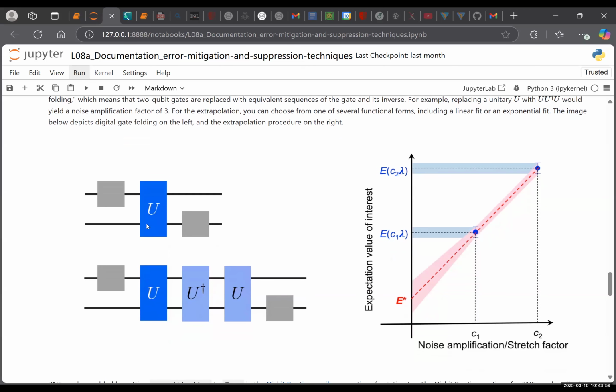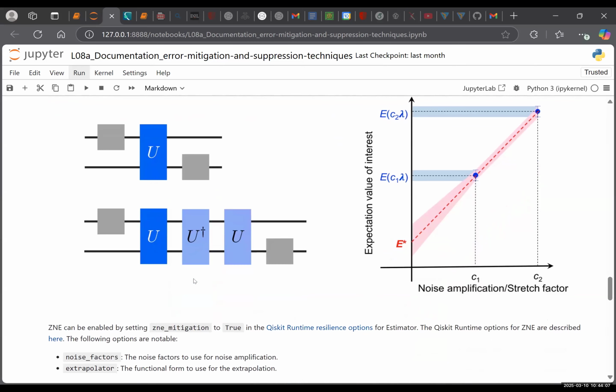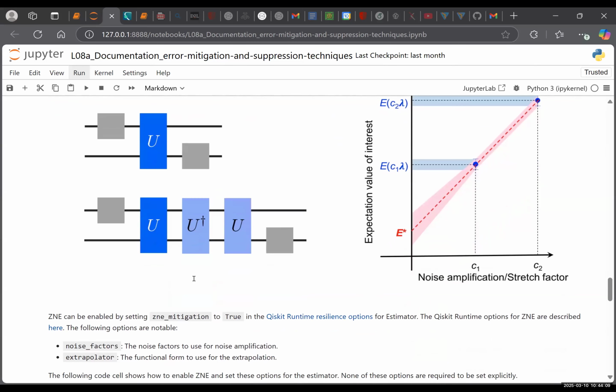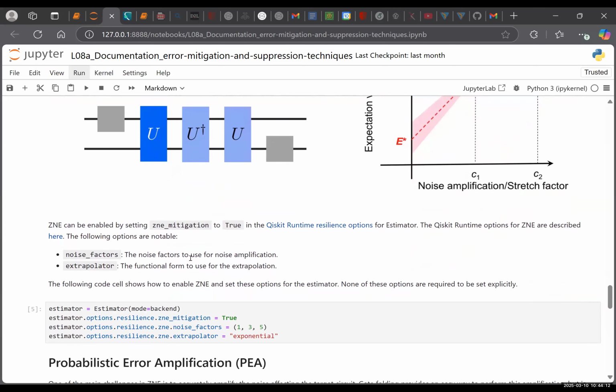So you apply U, apply U inverse, and apply U, etc. Ideally, this should be the same. U dagger should cancel out, and you can just extrapolate. You can do that by setting the mitigation to true, so they call zero noise extrapolation, with the following options.